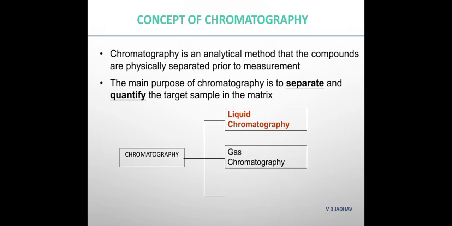The second class is gas chromatography, in which the stationary phase is either liquid or solid and the mobile phase is always a gas. The third class is supercritical fluid chromatography, in which the mobile phase is carbon dioxide in the supercritical state.